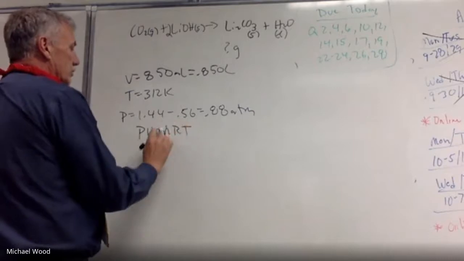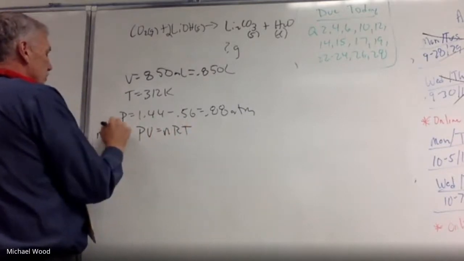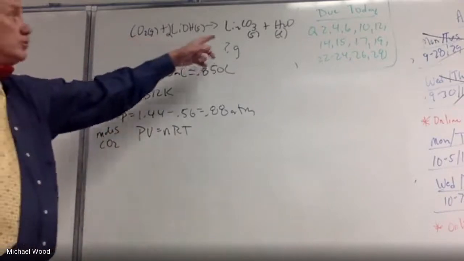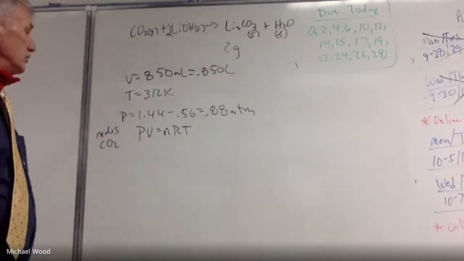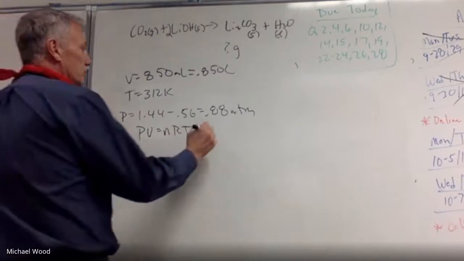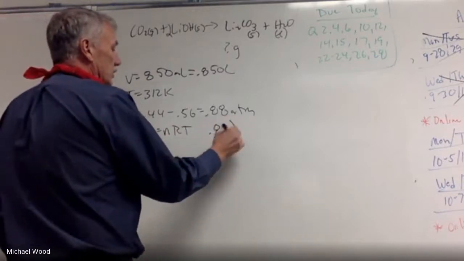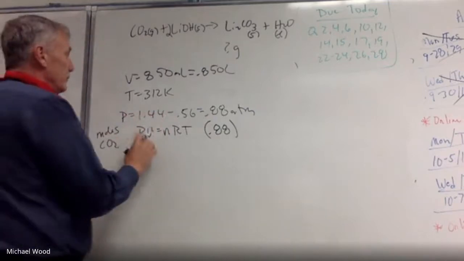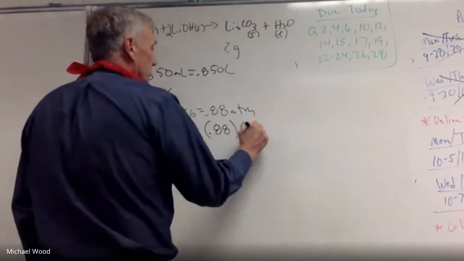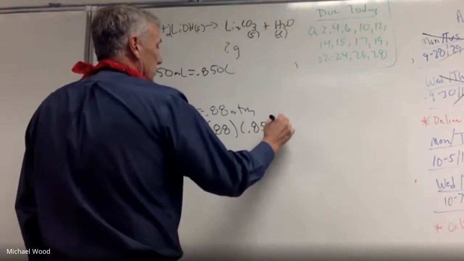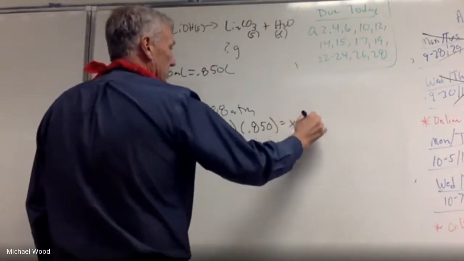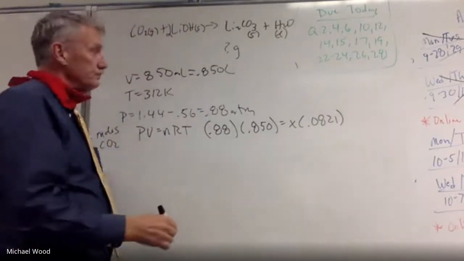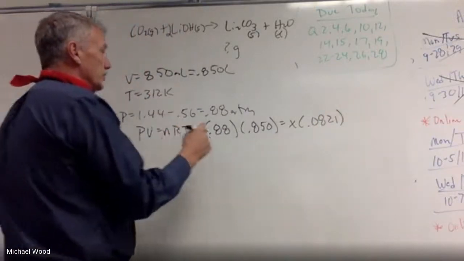Okay, so that tells me this is what I'm going to use, and I'm going to do PV equals nRT, and I'm going to solve for the moles of CO2. Once I know that, I can do stoichiometry and find the grams of the lithium carbonate. So the pressure is 0.88, which is what reacted. The volume is 0.850. Moles are X. R, again, is based off the units of volume and pressure.